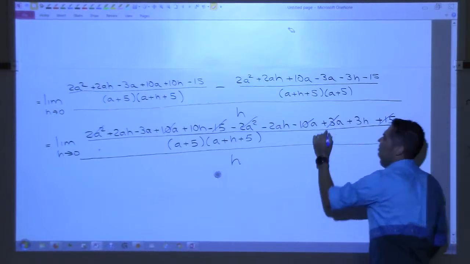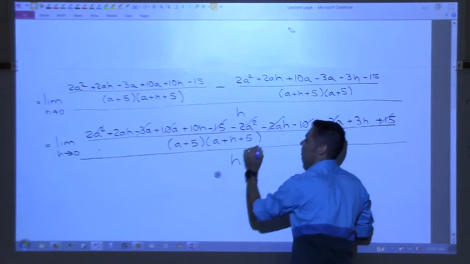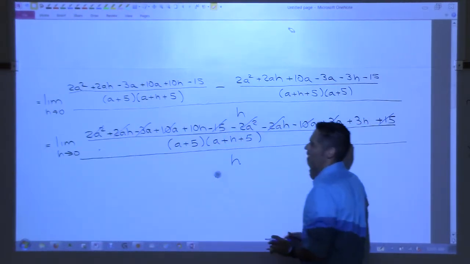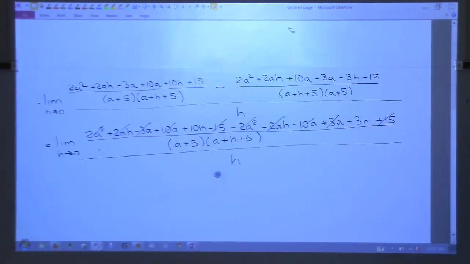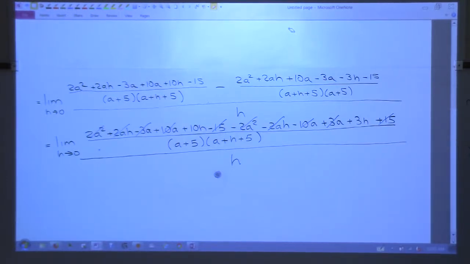The plus 3a minus 3a? 2ah's go away? Wow. See, it's not so bad. It just looks ugly initially. I think that's it. Now I have a 10h and a plus 3h, don't I? Which is 13h.